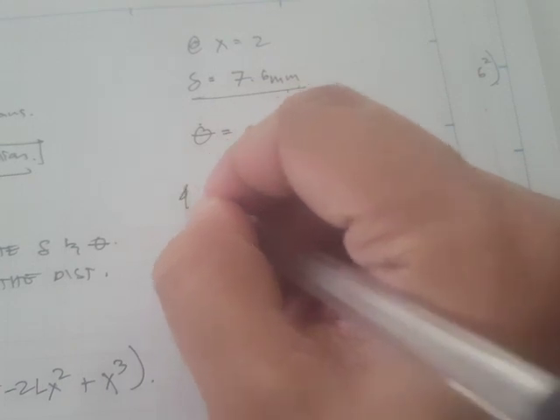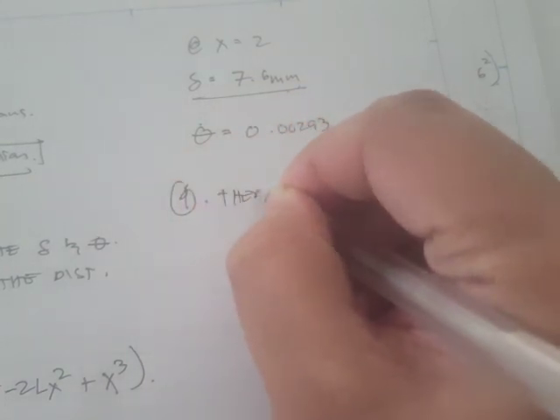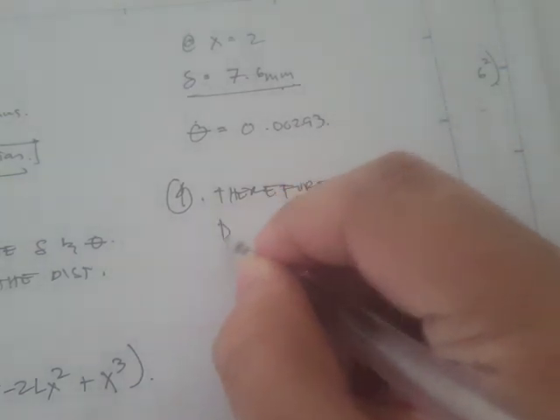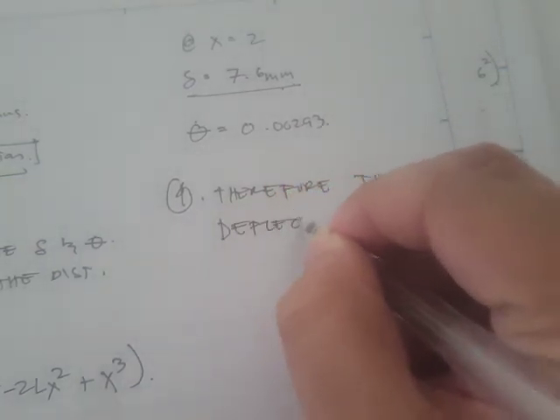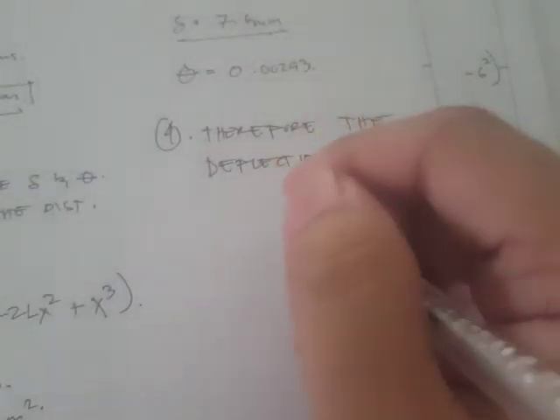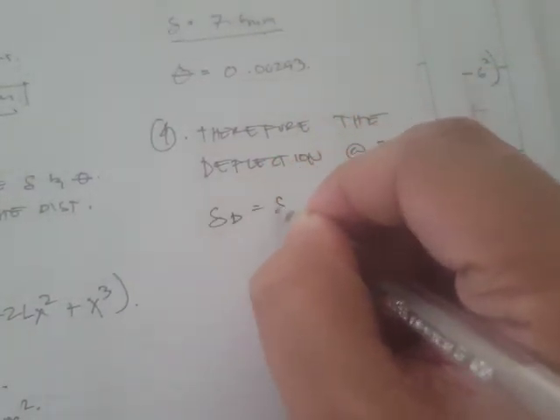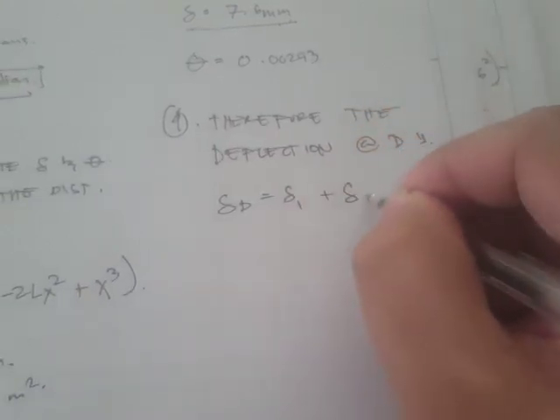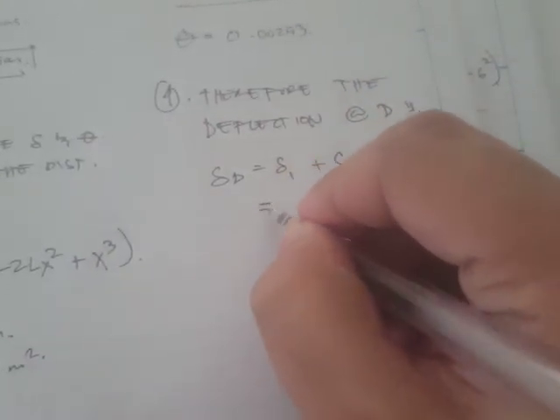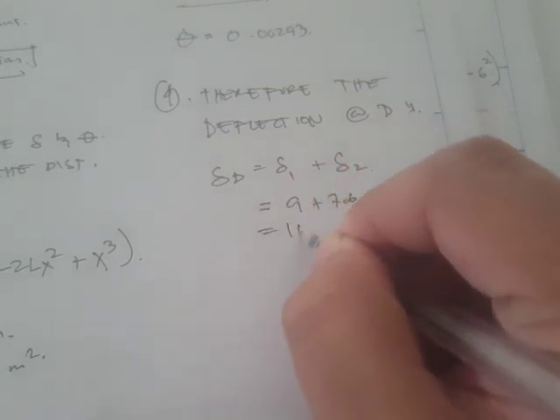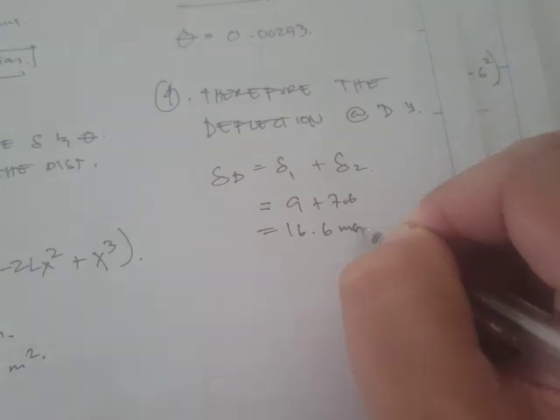And therefore, the deflection at D is the deflection produced by the concentrated load plus the deflection produced by the distributed load, which is just 9 plus 7.6, this is 16.6 mm.